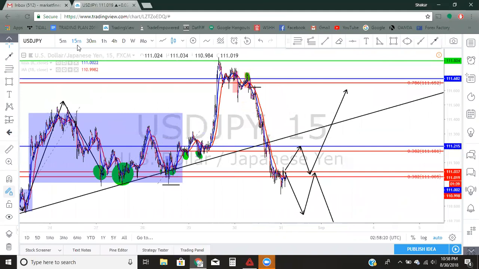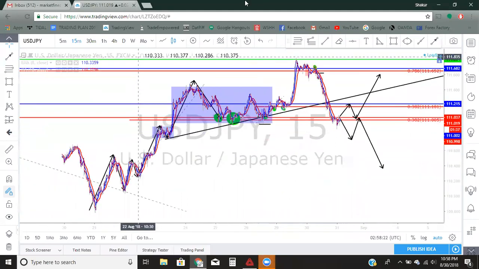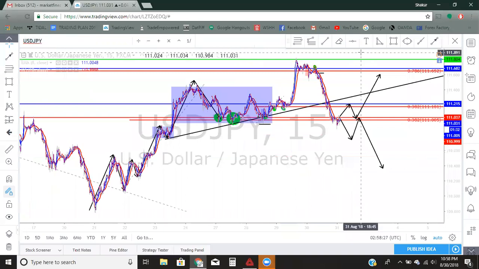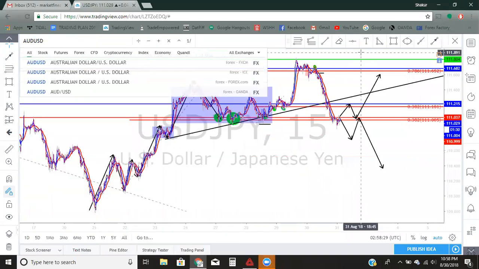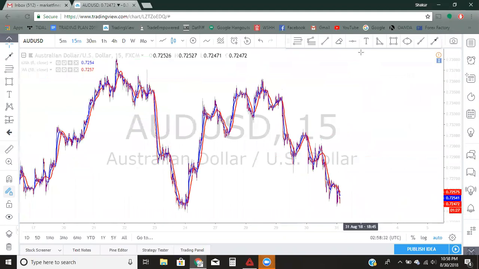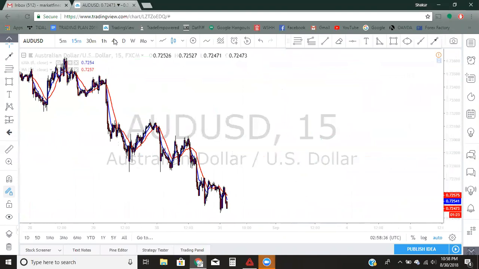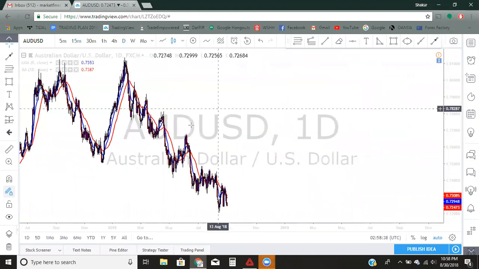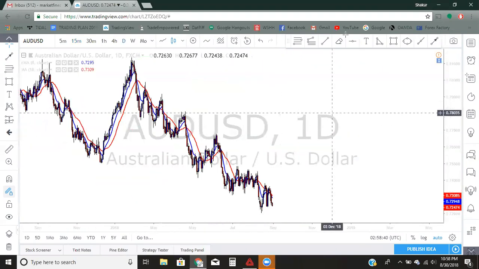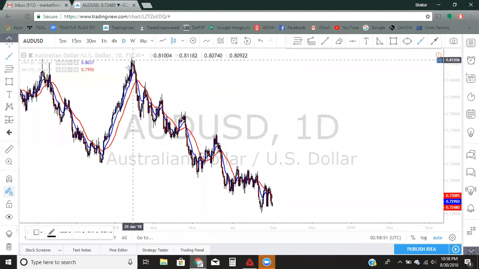And then there was another pair that I was looking at, which was AUDUSD. So on a daily time frame, we just start on a daily time frame from AUDUSD.